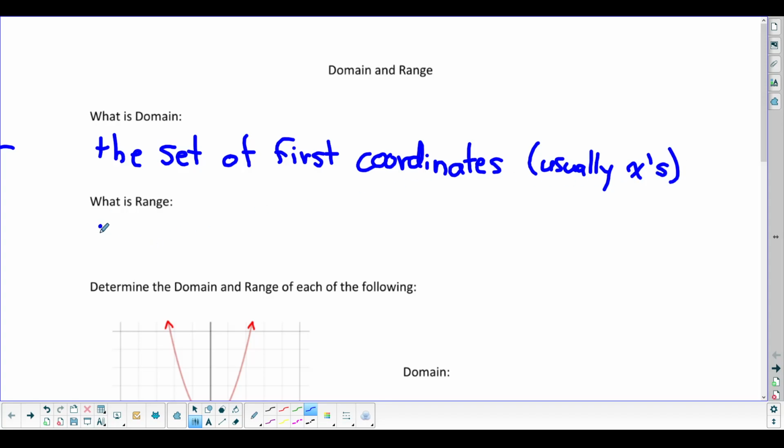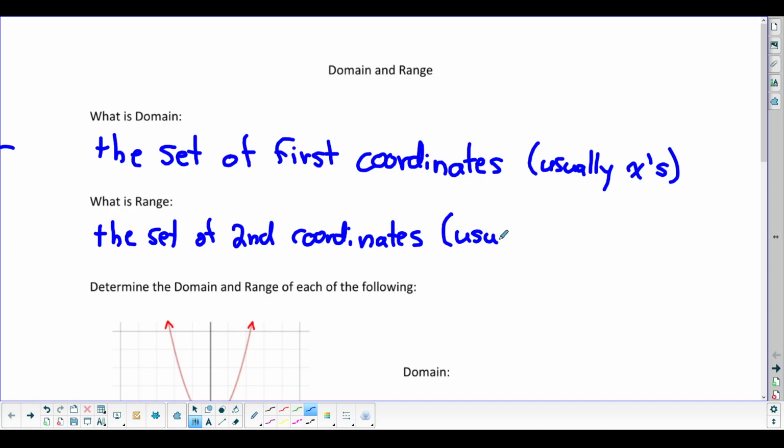So range is also a set. It's the set of second coordinates. Usually that's the y values. Another way we think of this is that the domain has to do with the independent variable and the range has to do with the dependent variable.